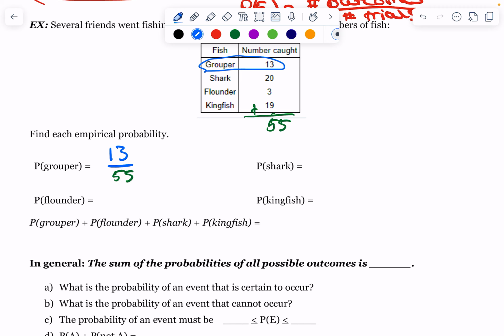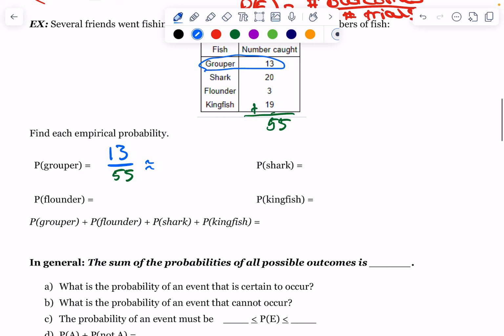We do the division and we get 0.24. Okay, let's look at sharks. 20 sharks out of 55. That's the total. And this simplifies to 4/11ths, which is 0.36.